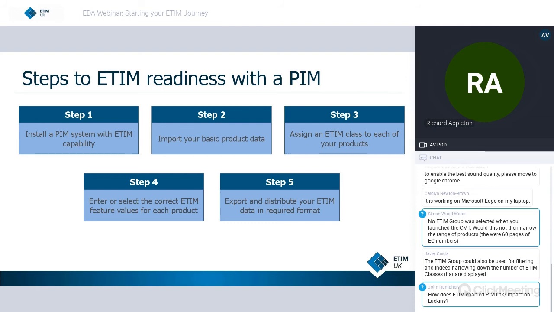Step three will be to assign an ETIM class to each of your products, as we talked about earlier. And then step four, which is probably the one which requires the most work, is to enter or select the correct ETIM values for the features related to each product. And then finally, as and when required, you can export and distribute your ETIM data in the required format to your customers, which is what we come on to next.